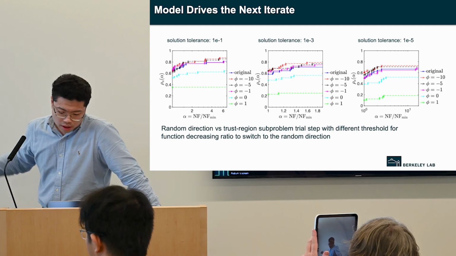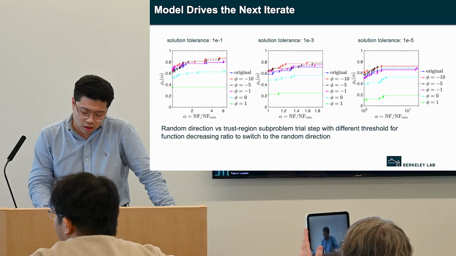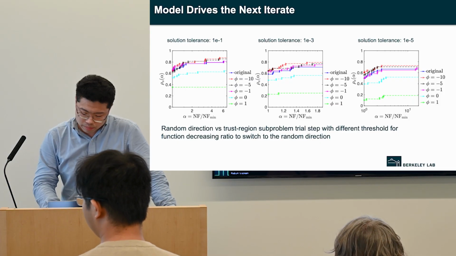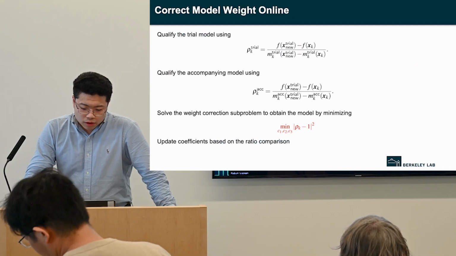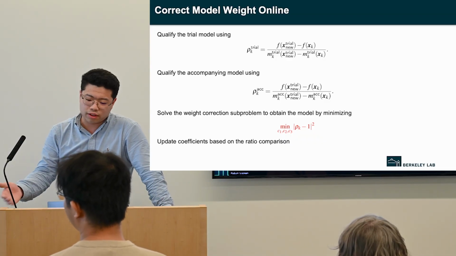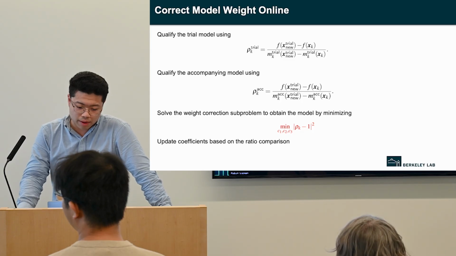You can see that if we design a better model, the performance of the solver will be better, which corresponds to higher curves. This inspires us to try to find the best model at each iteration step.